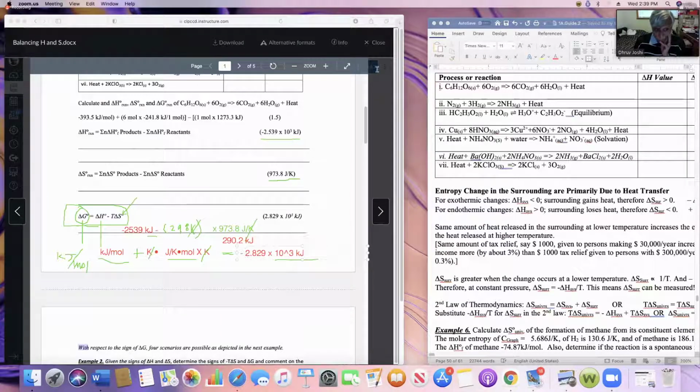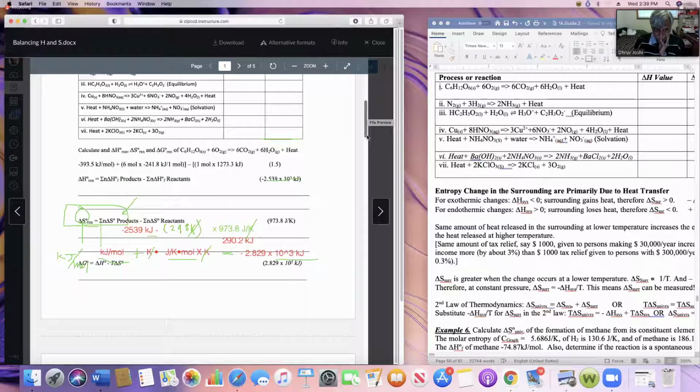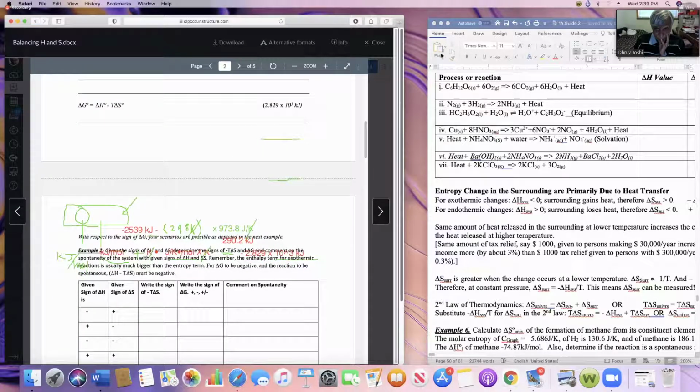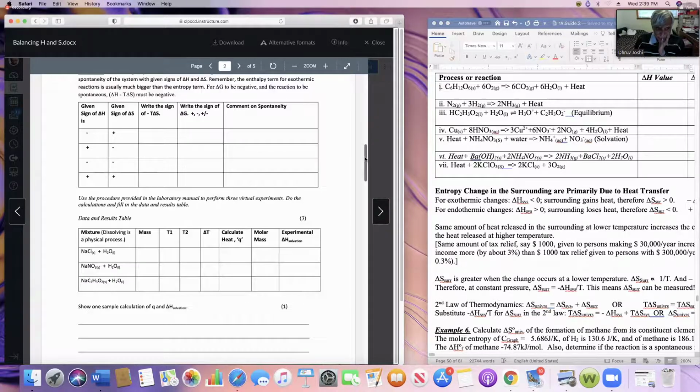So we have done the calculation and we understand to a certain degree what delta G is about. So let's look at it further. This here is the experimental part.